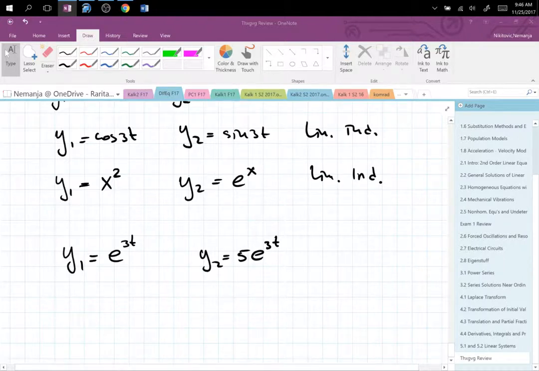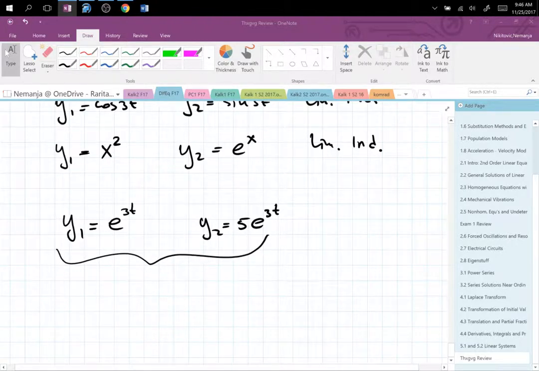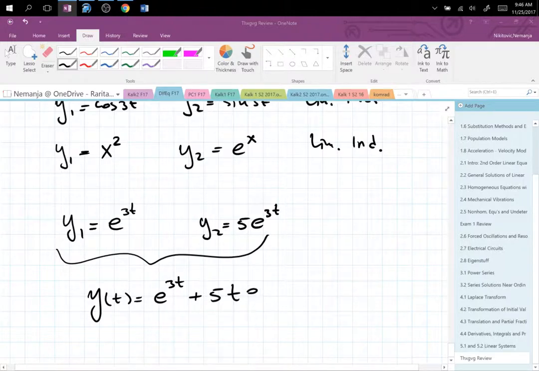When you put this, what we call superposition, which means you combine both equations into a single solution, y of t in this case, it will be e to the 3t plus 5t e to the 3t. And now these solutions are linearly independent.